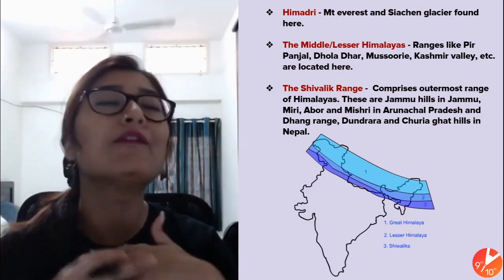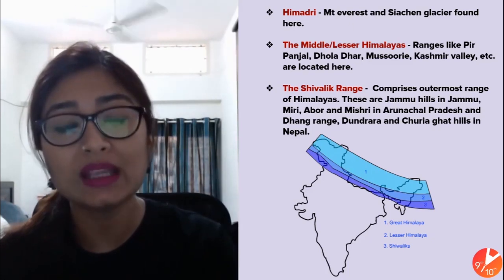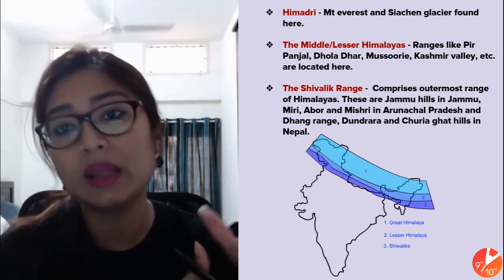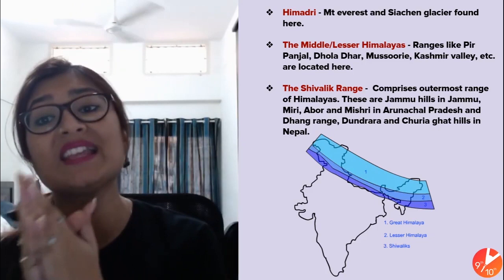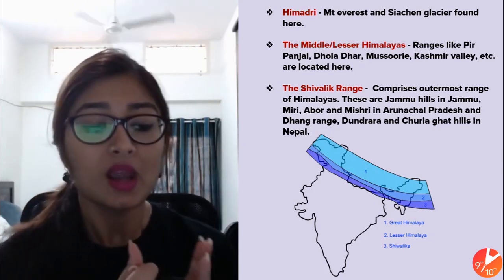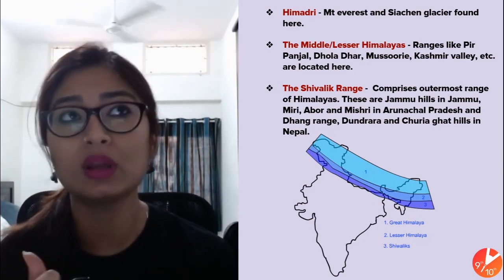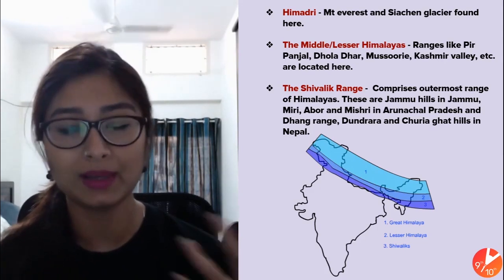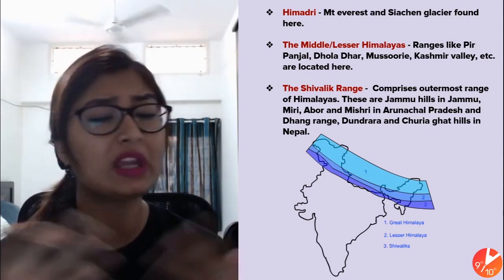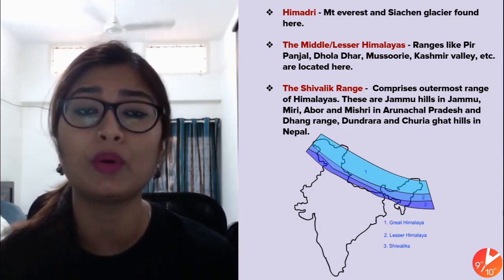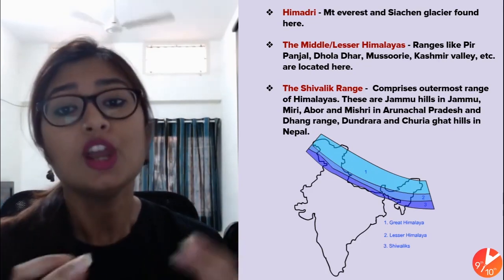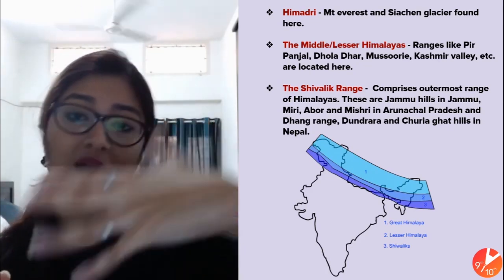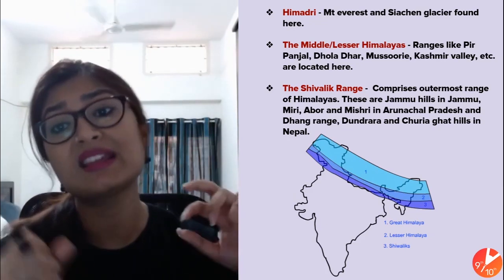Mount Everest, everyone knows, is the highest mountain peak. It is right there in the Himadri part, and it also has the Siachen glacier. Siachen, I know, is a very common term. We have heard a lot about it because of various reasons. Find out more about it. It's very interesting. So Himadri is the part which contains Mount Everest and the Siachen glacier.